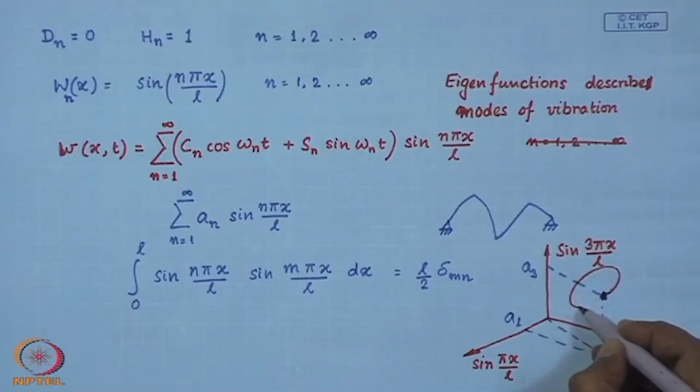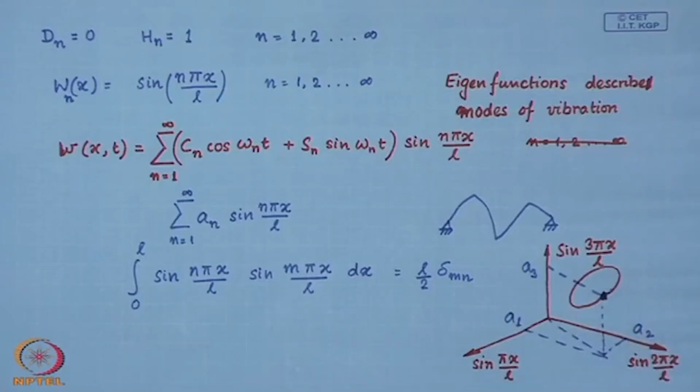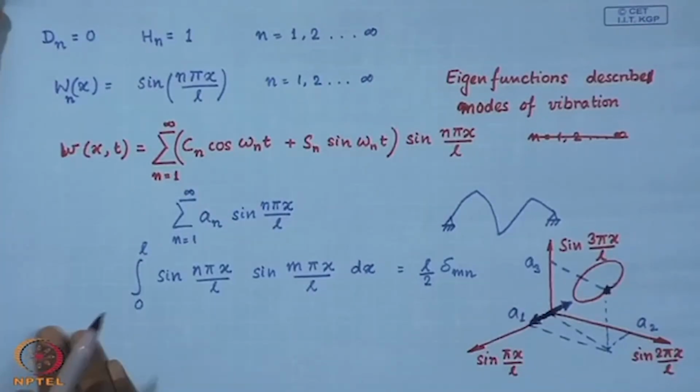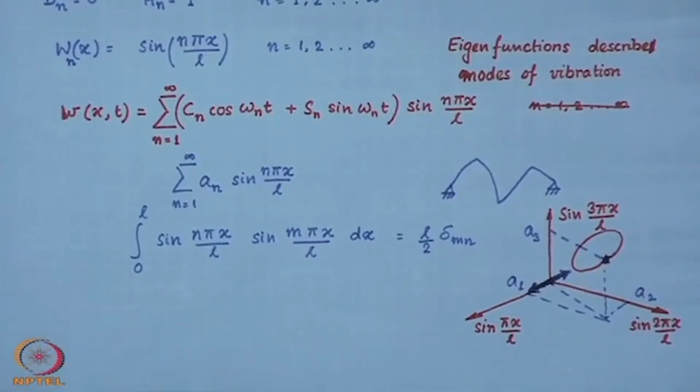So, if the string executes a periodic motion in this space, then it would be a perfectly closed curve. Now, in this space then, what is the simplest motion that is possible? So, the simplest motion would be, for example, the string moving only along this axis. This is a modal solution, the motion of the string in the first mode of vibration.